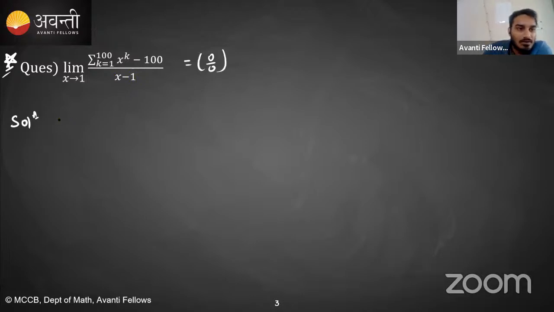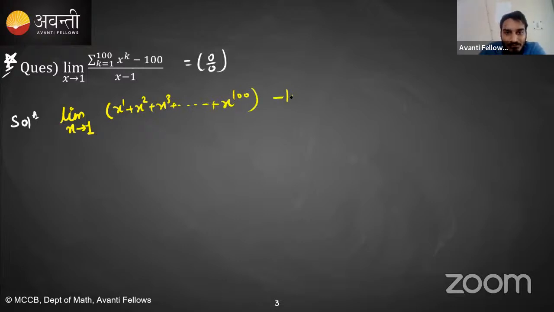So let's solve it. This is written: limit x tends to 1, x raised to the power 1 plus x raised to the power 2 plus x raised to the power 3, and so on up to x raised to the power 100, minus 100, divided by x minus 1. Clear? Okay.